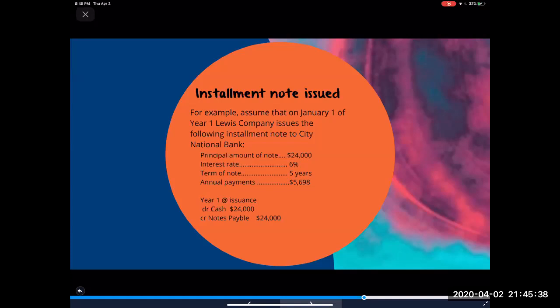When we first buy this car, we're getting the cash. Usually the bank is interacting with the car dealership or something of that nature. They give them the cash, and then we're left with the notes payable, paying off that loan. That's what year one of the loan looks like when we first get the cash.